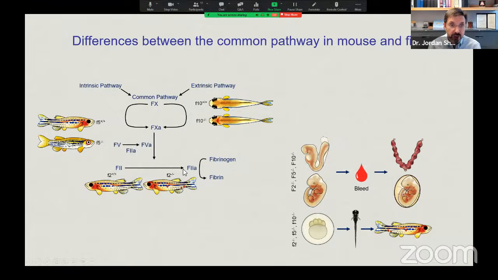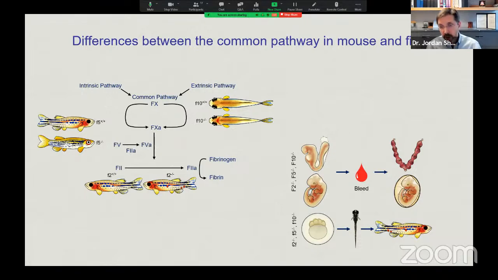And they live into adulthood and don't die until they're 6 months of age or so. In mice, it's very different. Mice have bleeding as embryos, and most of them die as embryos. And if they survive to birth, they die shortly after birth. So there's something about fish that when they lose these coagulation factors, they have the same overall bleeding effect, but they survive longer, which is interesting.